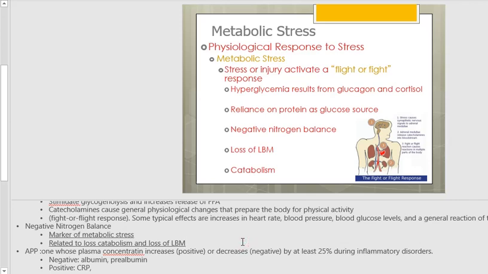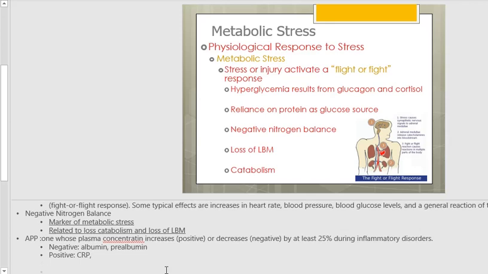And so what would we expect to happen to our acute phase proteins? Your negative acute phase proteins like albumin and prealbumin are going to do what under acute metabolic stress? Decrease. Your positive acute phase protein, we usually talk about CRP. What's going to happen to that value under metabolic stress?